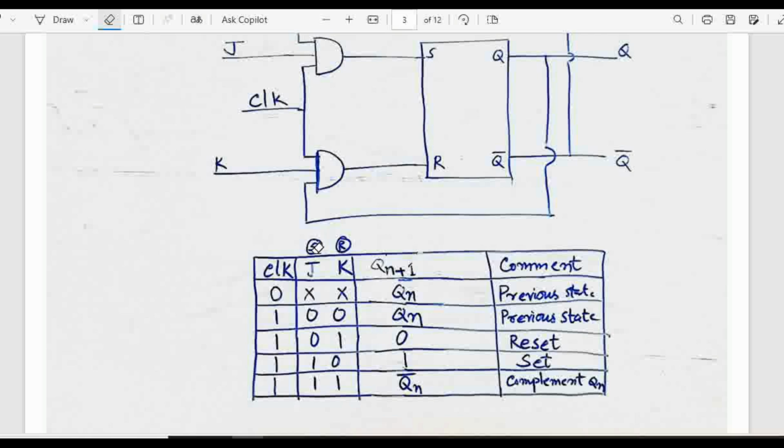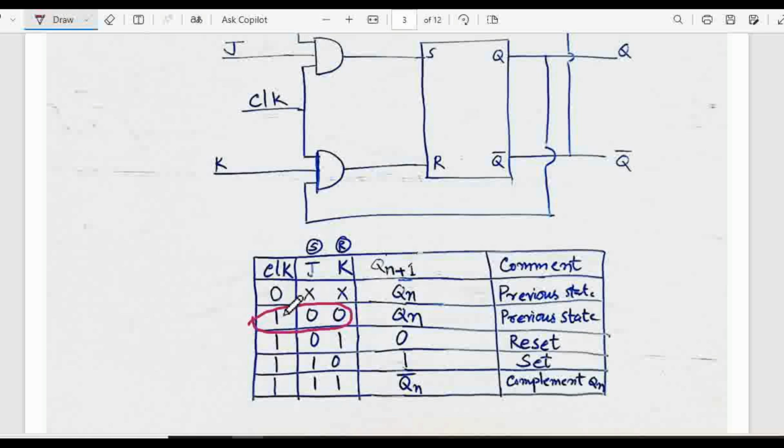You see where J equal to 0, K equal to 0 is present. But in the upper position there is also a condition, because this cross sign means J and K can be anything, 0 or 1. So there may be a situation when J equal to 0, K equal to 0 and the clock is equal to 0.